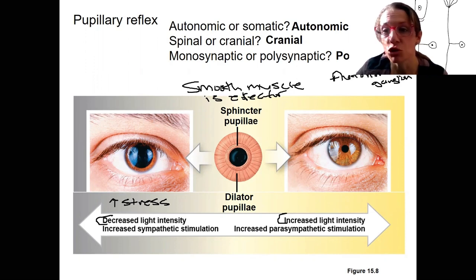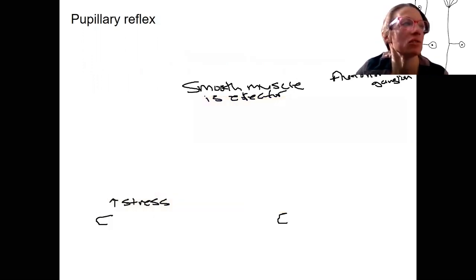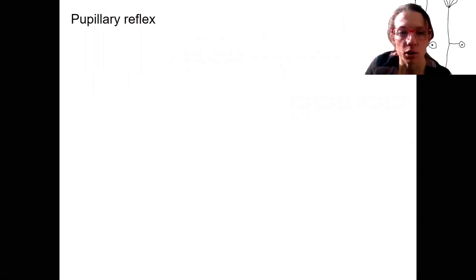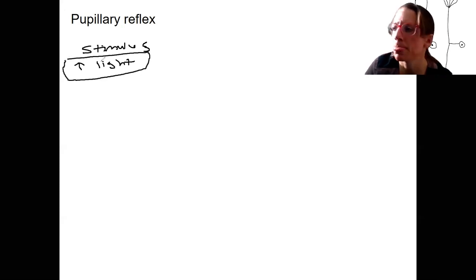Okay, let's draw this as a reflex. Our stimulus is going to be too much light, so high light. That's our stimulus. We'll put that in a box if we wanted to. That's going to stimulate what? What's our receptor?